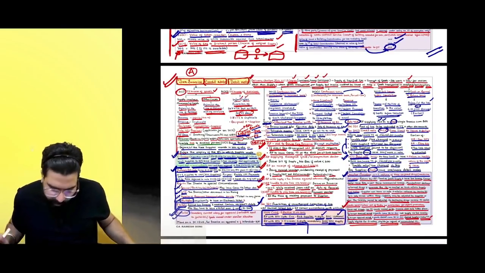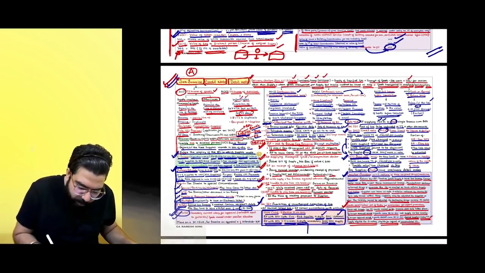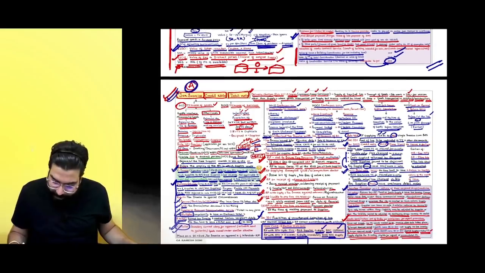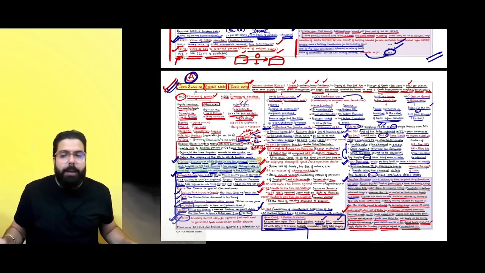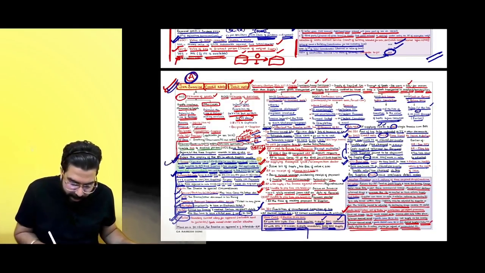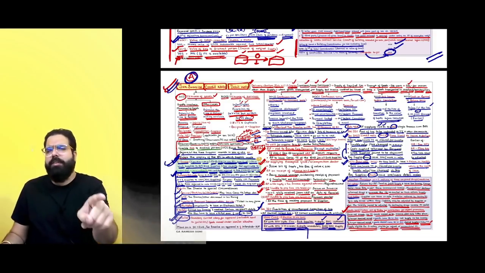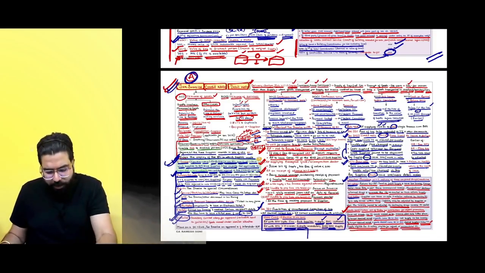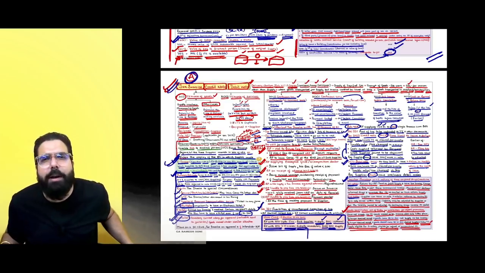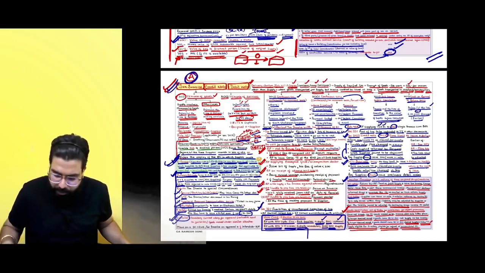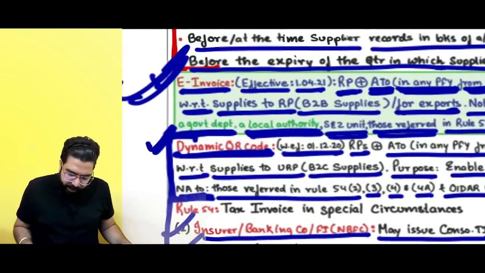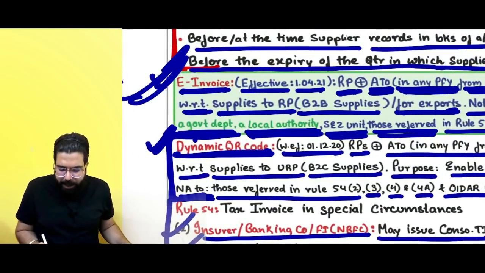Here we are done with your chapter of tax invoice. I am again telling you, it's an A graded chapter. The amendment in the chapter is e-invoicing related, a very important amendment. What is the amendment for the chapter of tax invoice? E-invoicing provisions are now not applicable to government departments and local authorities.